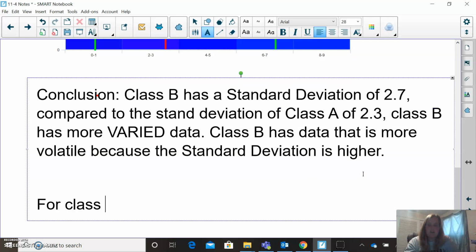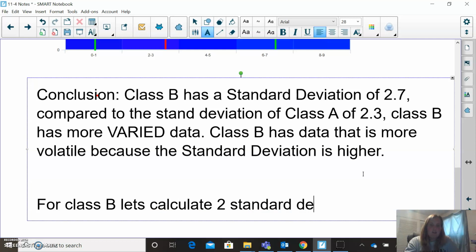For class B, let's calculate 2 standard deviations above the mean.